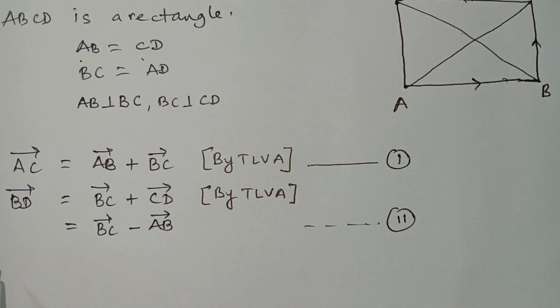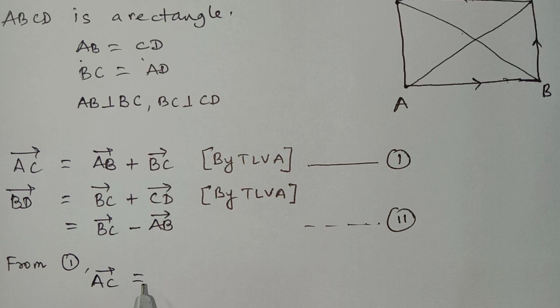From 1, we have AC vector equal to AB vector plus BC vector.